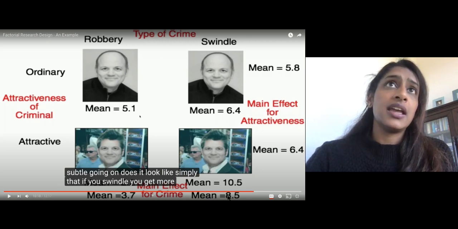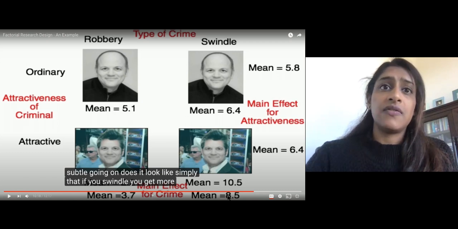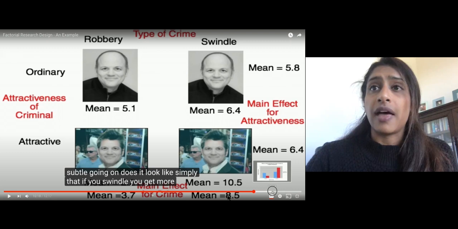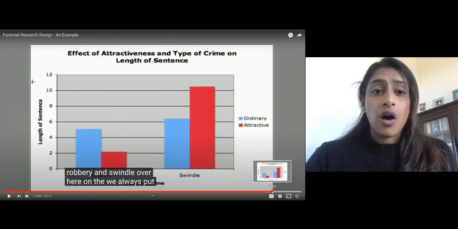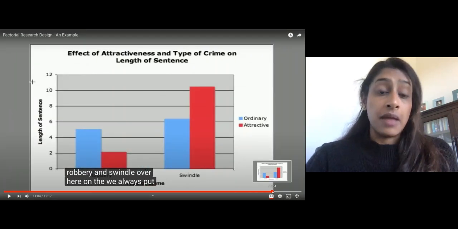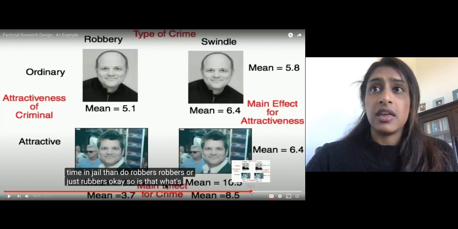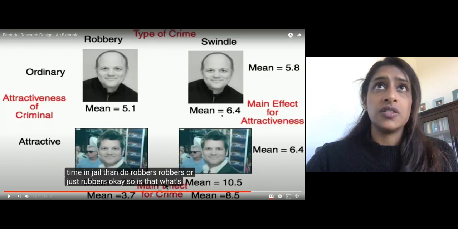So we would take our averages that are here, and then we would go back and we would plot them on and make a bar graph. Okay, so you're taking the averages from here.